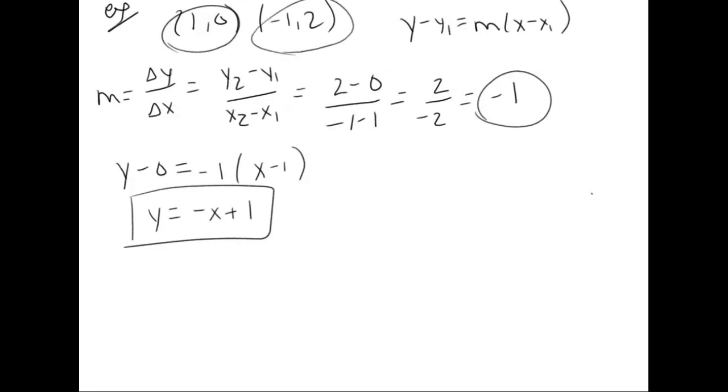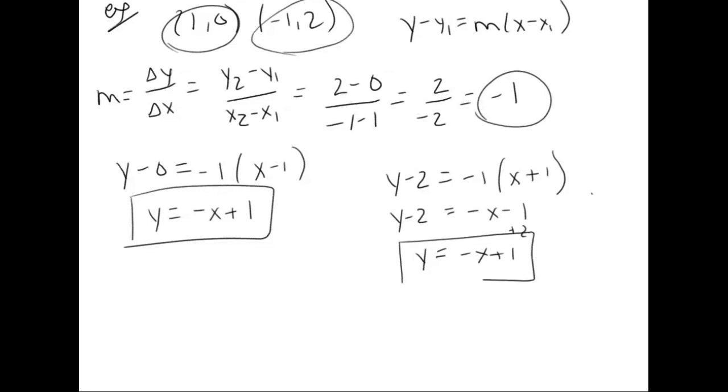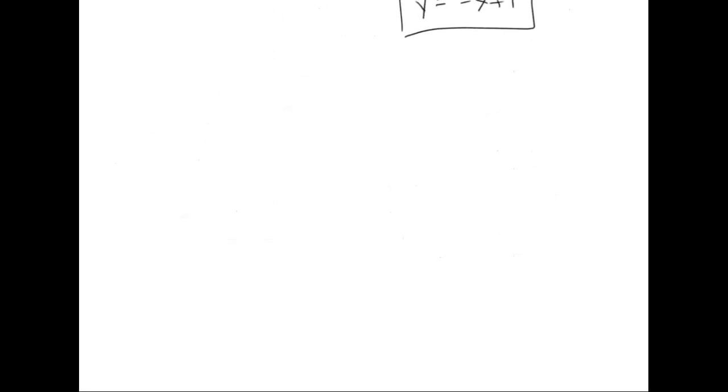All right, now let's use our second point. y minus 2 equals our slope, -1, times x plus 1. I'm going to go ahead and make that negative times negative. Hopefully you guys are feeling comfortable with that. y minus 2 equals -x minus 1. Now add 2. If I add 2 here, I get plus 1. And voila, we have the same line. So either point is fine to use here. We just want to go ahead and get our slope using change of y over change of x.